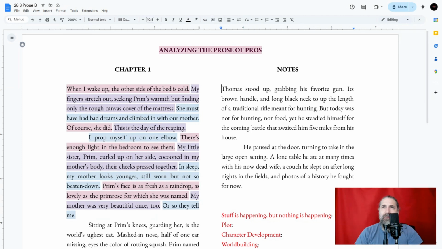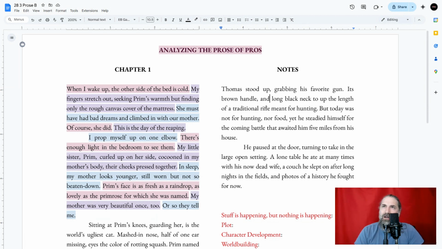The first thing that happens is a sentence creates a question, and then you have to choose what question you want to answer that was brought up from that sentence. Thomas stood up is not really something that's clear and direct. Grabbing his favorite gun. Well, why is this gun his favorite? Or we can describe the gun.